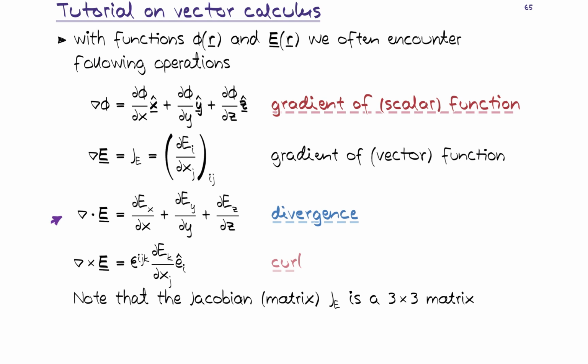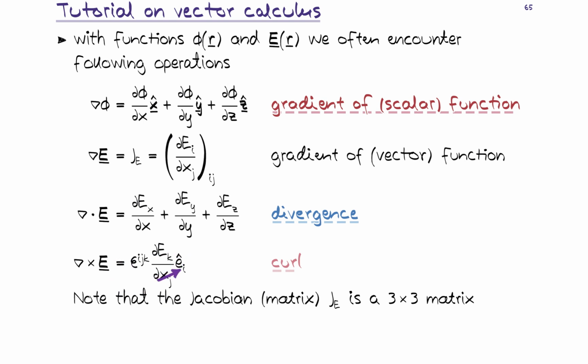A point of notice here: I have divergence of E. E is a vector valued function, but when I'm calculating the divergence, as we can see, this is a scalar valued quantity, so the divergence gives me a scalar out. Curl gives me a vector.